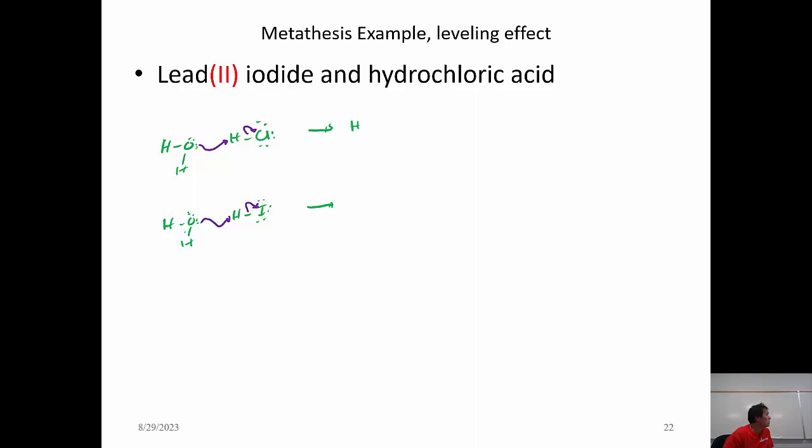And so water plucks off the proton off HCl to form hydronium here and chloride. And water plucks the proton off hydroiodic acid to form hydronium and iodide. Now the thing about the strong acids is they easily lose their proton, so water has no problem.